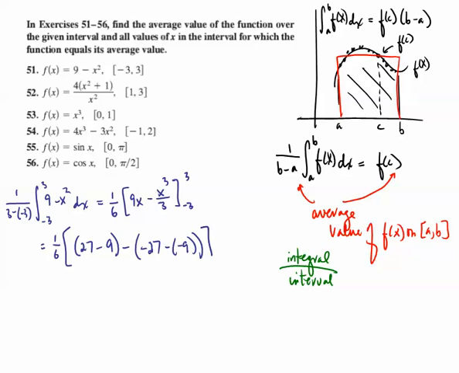Finally, we have 1/6 of 27 minus 9 is 18, and negative 27 plus 9 would be minus negative 18. So that's 1/6 of 36, which would be 6.